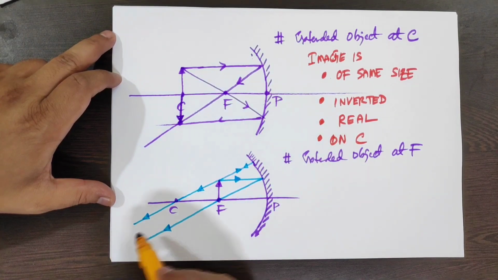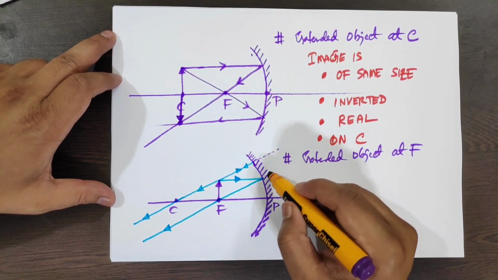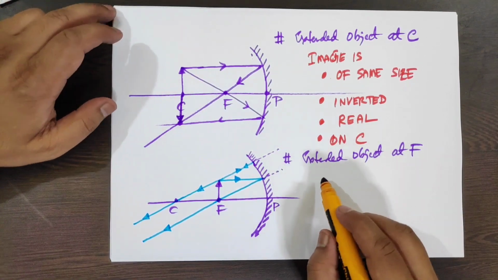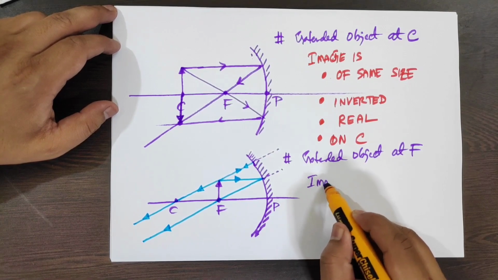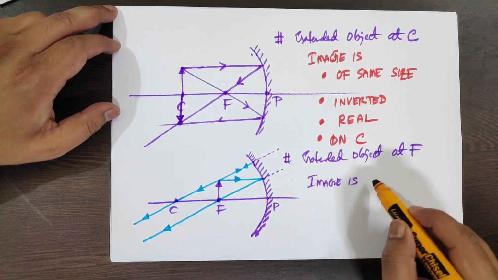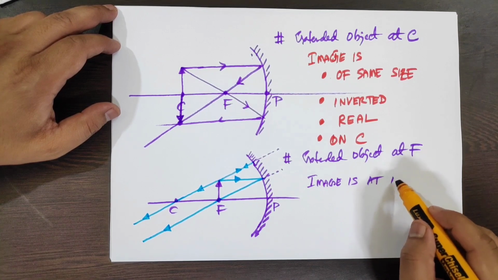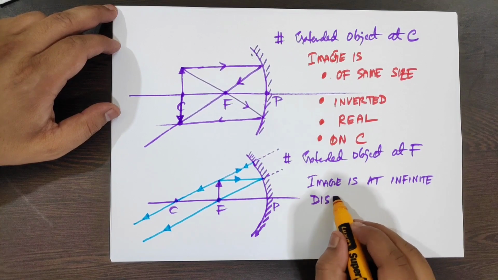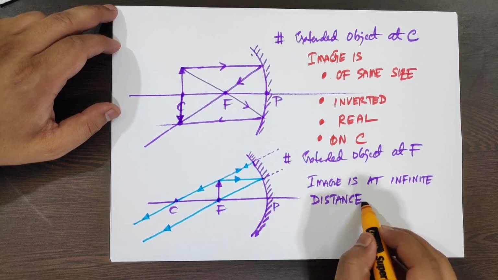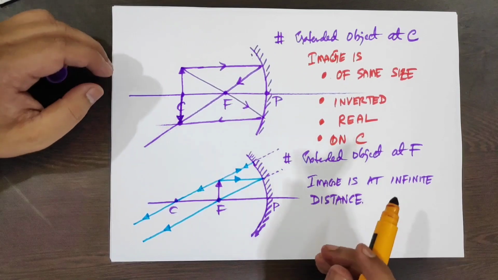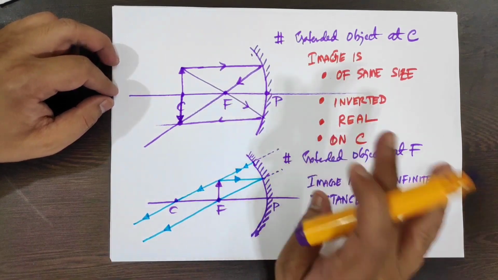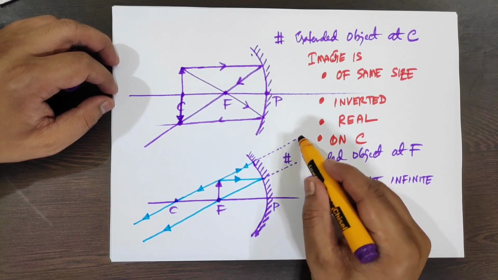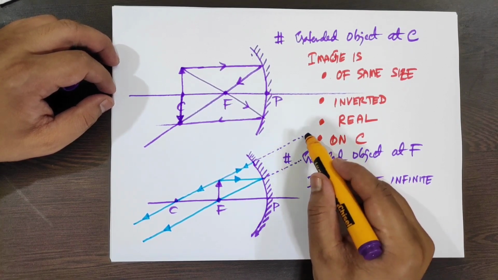You can say it is here or here. You can say it is real or virtual, but actually we say the image is at infinite distance. There is no point in saying which side it is on, because the light rays will never meet.